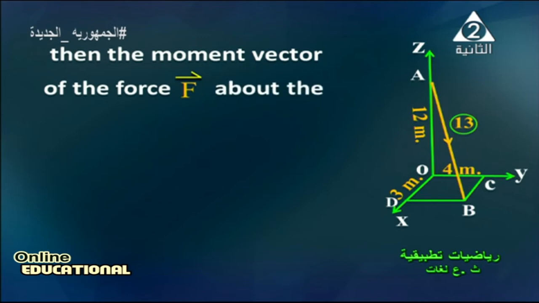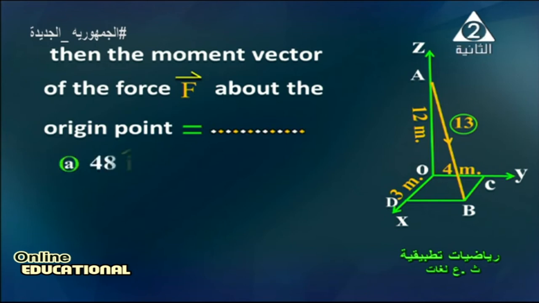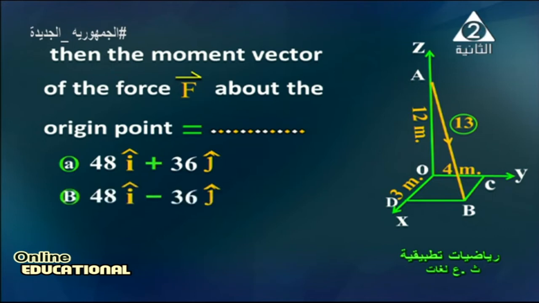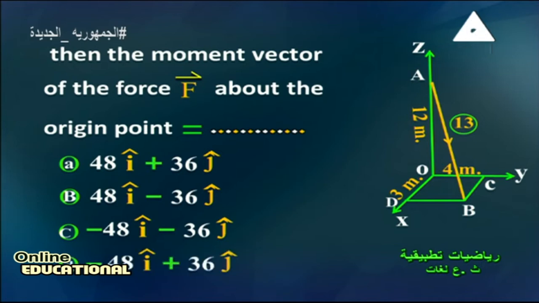Then the moment vector of the force F about the origin point equals 48i plus 36j, or 48i minus 36j, or negative 48i minus 36j, or negative 48i plus 36j.